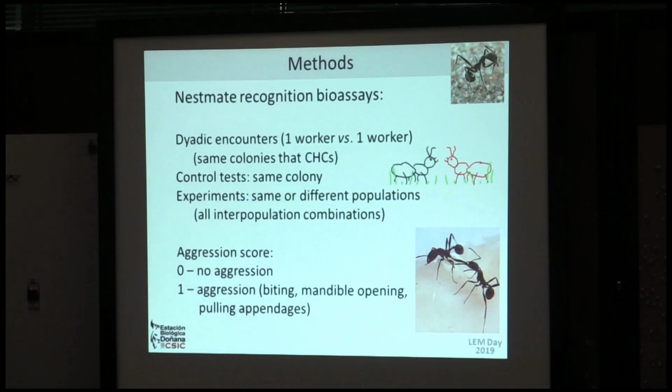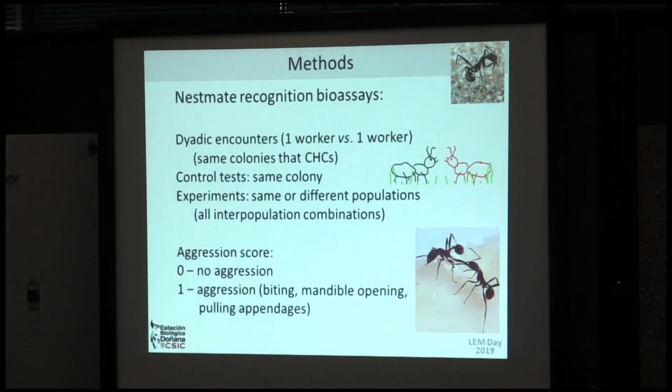And the nestmate recognition assays were dyadic encounters, putting one worker facing another worker. The controls were the same colony, and the tests were with all the combinations of colonies that belonged to the same population or to another population.